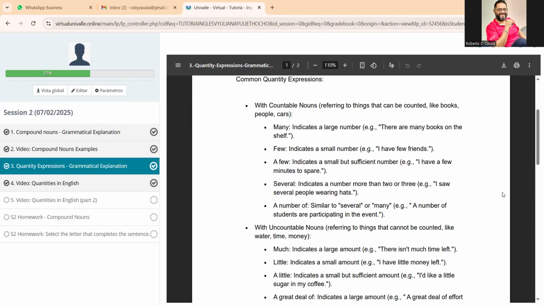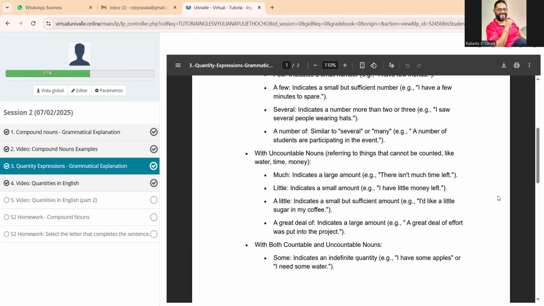Several indicates a number more than two or three: I saw several people wearing hats. A number of, similar to several or many: a number of students are participating in the event. Those are some quantity expressions for countable nouns.